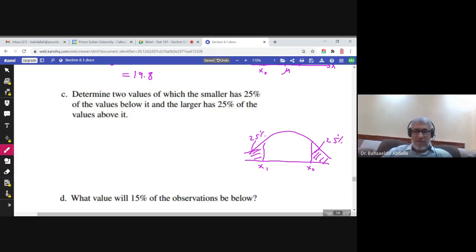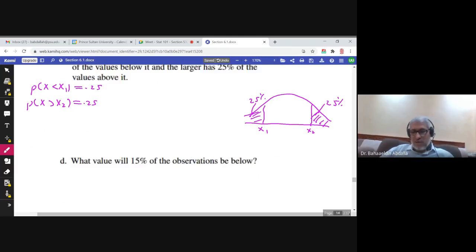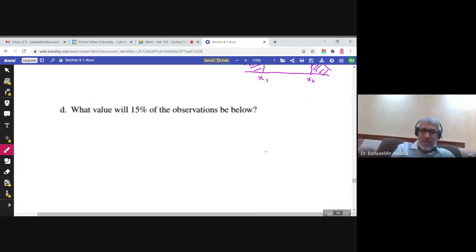So you have this information. The probability that X is less than X1 is 0.25. And the probability that X is greater than X2 is 0.25. Change to Z and find X1 and X2. And notice that Z1 is negative, Z2 is positive.